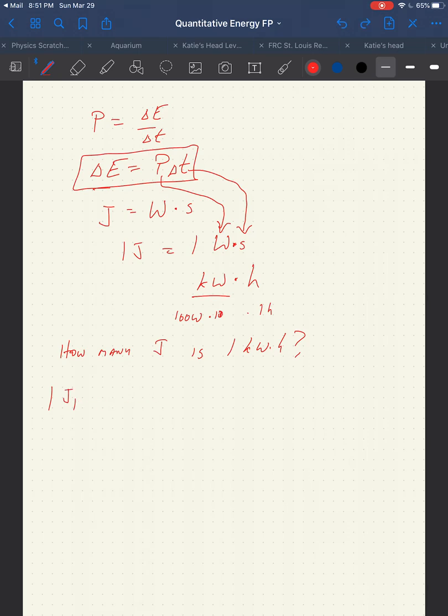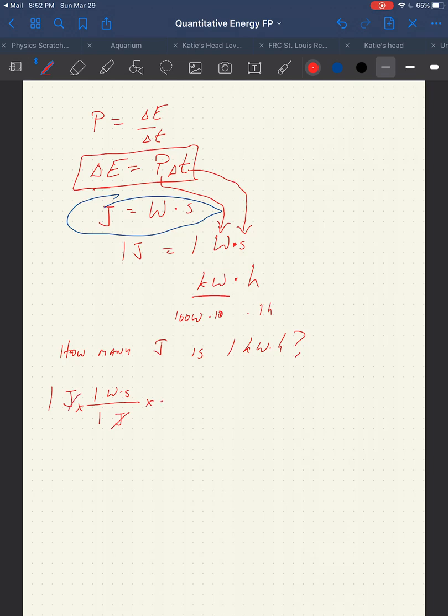Sorry, I'm sitting on the chair and my arm's kind of caught funny. 1 joule times fraction. Hey, look up here. This is a great thing to know. 1 joule is 1 watt second. So we can put 1 joule on the bottom of this fraction, and we can put 1 watt second on the top of this fraction. And then we move to the next fraction.